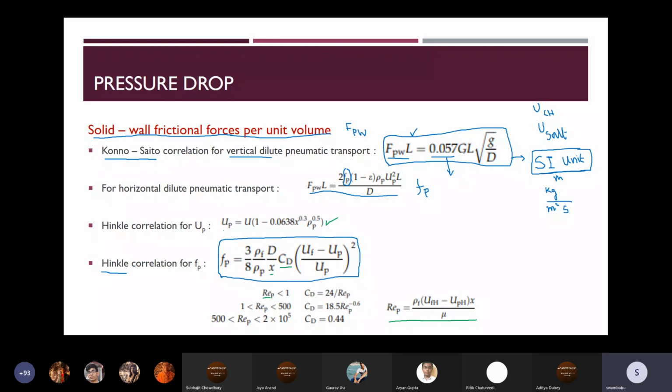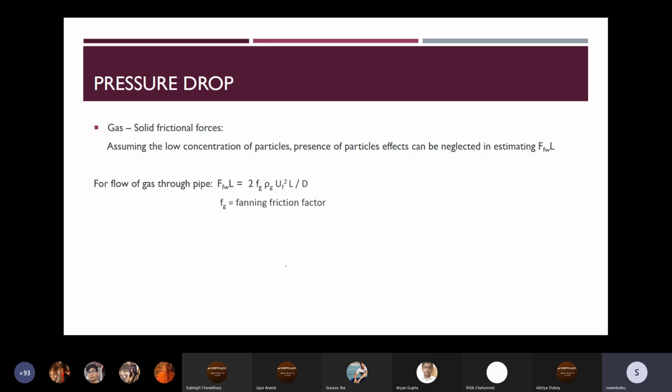So once we calculate the Reynolds number, based on the Reynolds number range, we select the CD value. Then we substitute the CD value here to find FP. Similarly, for gas-solid frictional forces, we're assuming that since the particles are dilute, at low concentration, the presence of particles doesn't affect the behavior of the gas.